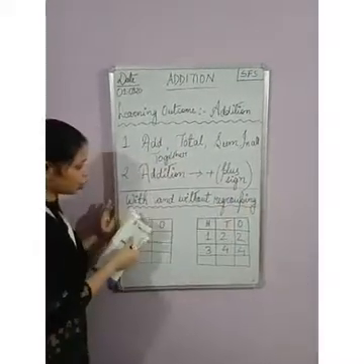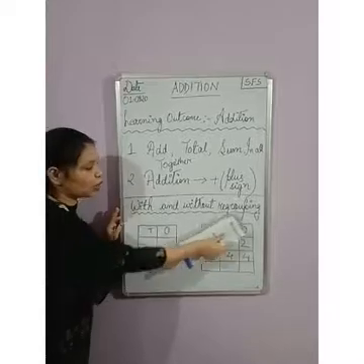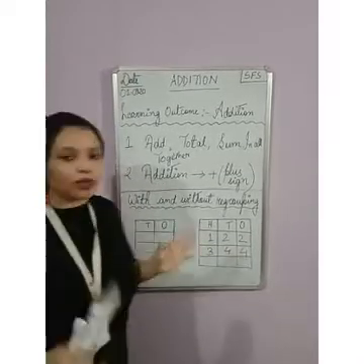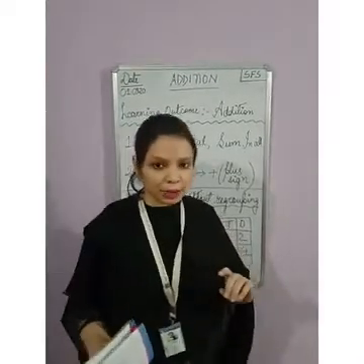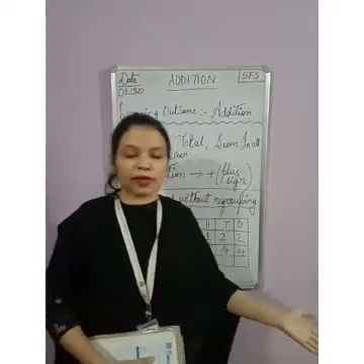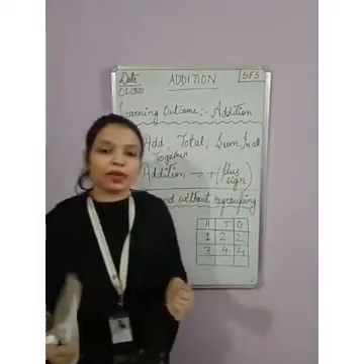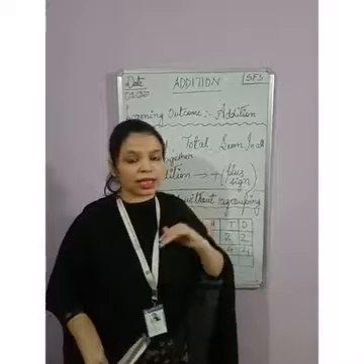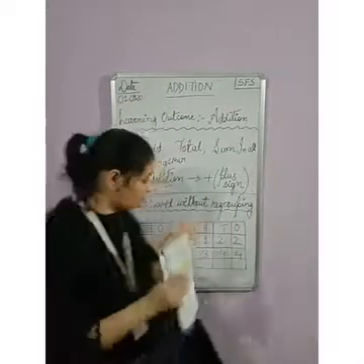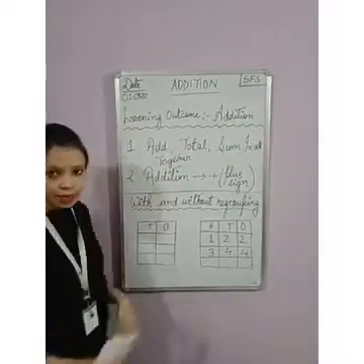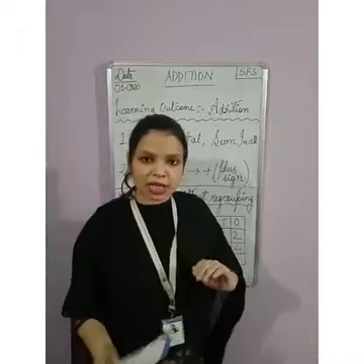Then we have learned to add with and without regrouping. We already know what regrouping means. In subtraction also you have regrouping. In addition there is carryover: the number is transferred from ones to tens. But in subtraction it is a little different.